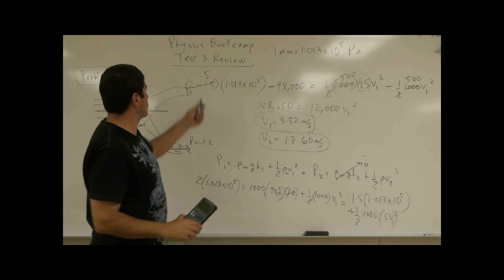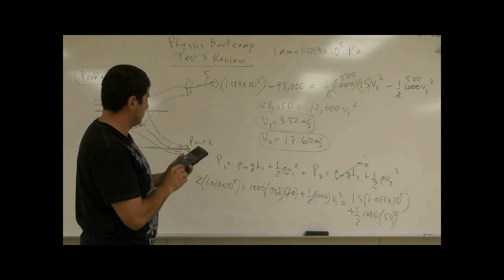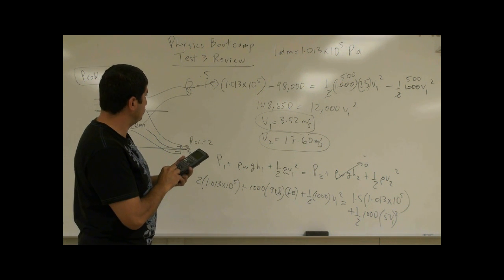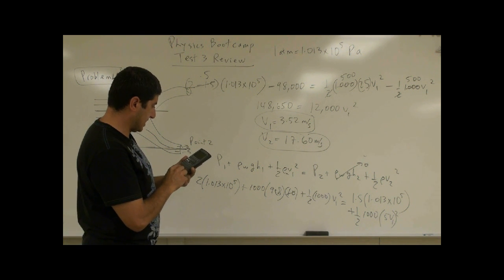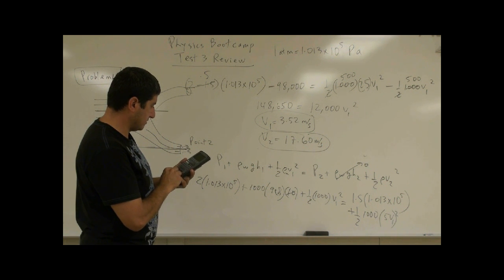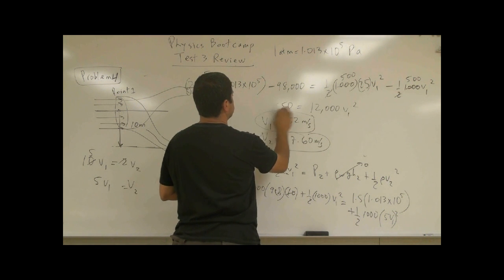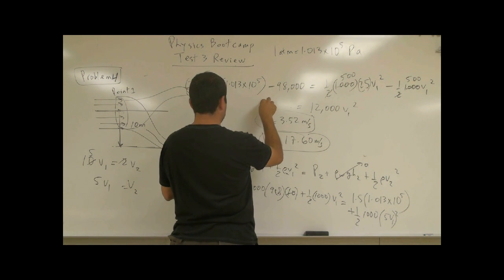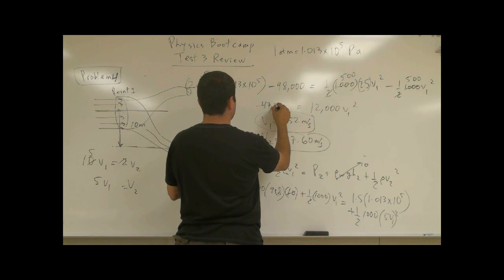How would that change the answer? Well, you would have 0.5 times 1.013 times 10 to the power 5 minus 98,000. So actually this would come out to be negative 47,350.